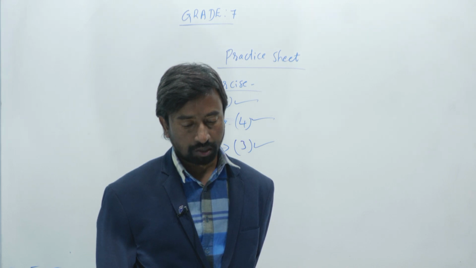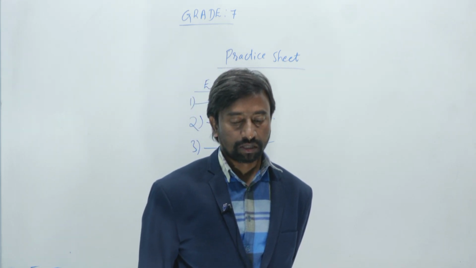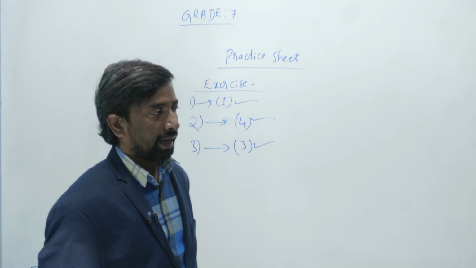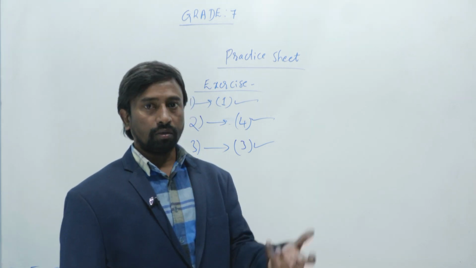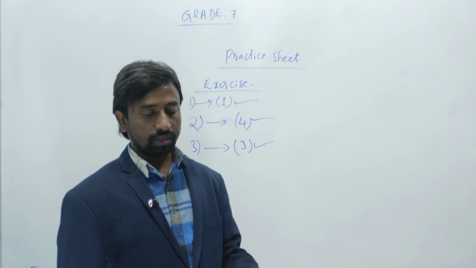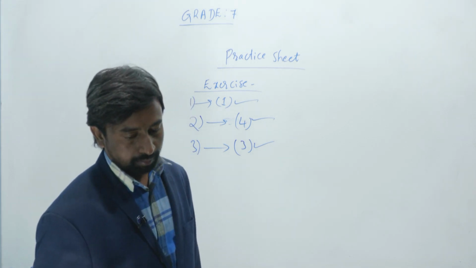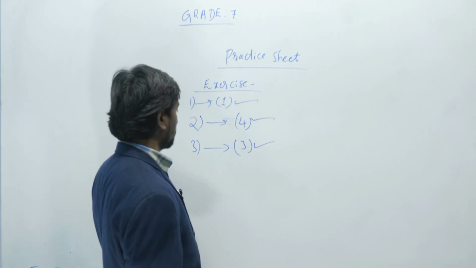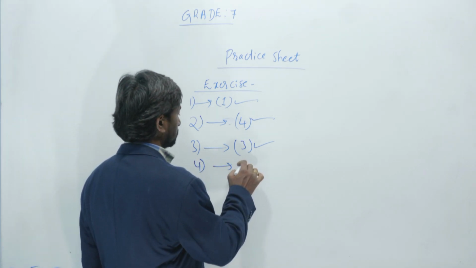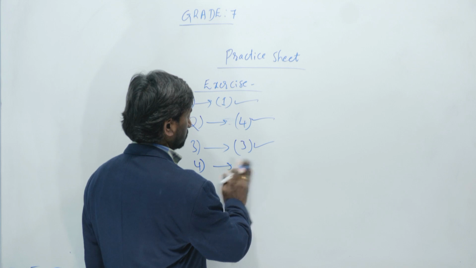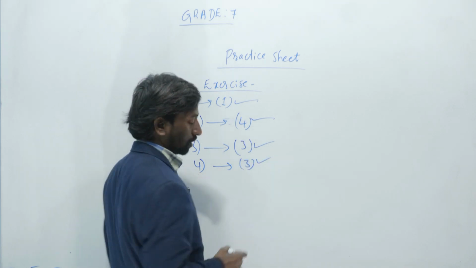Maybe gravitational or contact force. So the action is the gravitational force, and it is a contact force also. So here maybe option 3 we can add. The fourth one is option 3.